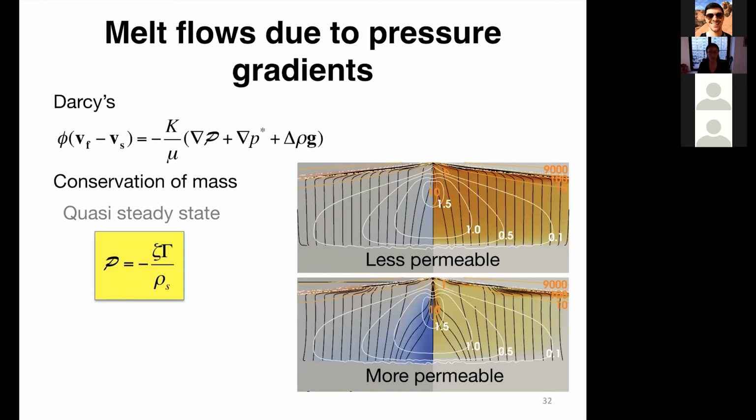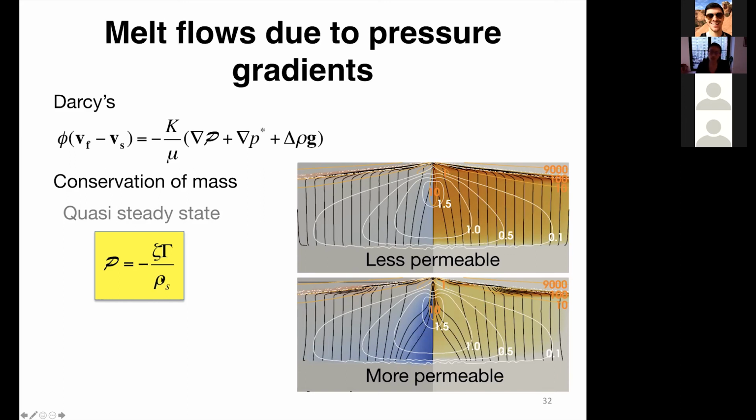So going back to Darcy's equation, melt segregates due to pressure gradients, and it's modulated by the permeability of the mantle. So when you look at the conservation of mass at quasi-steady state, which is essentially what all these models evolve to, you have a balance in compaction pressure with the melting rate on the right, which is your gamma, and your bulk viscosity with zeta, and your solid density.